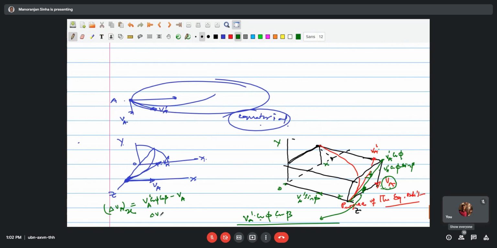While delta VA along the y direction will be simply VA prime cos phi into sin beta. And delta VA along the z direction will be given as VA prime sin phi, as shown here.